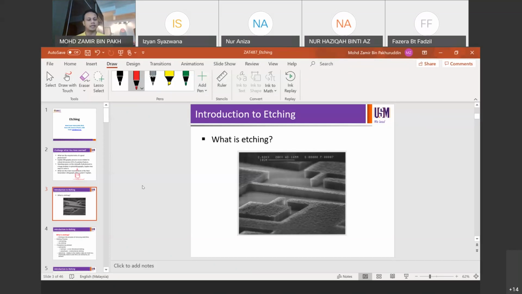Okay, that's fine. So what is etching? Etching is actually removal of material. So bahasa yang paling mudah adalah removal of material, right? If you look at this particular figure, this is the surface of photoresist.